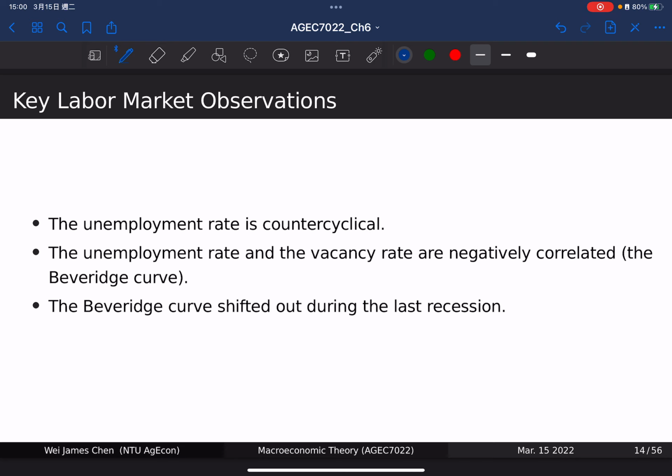GDP high, low unemployment. GDP low, high unemployment. That's intuitive, right? When the economy is bad, people usually see a high unemployment rate. And then the unemployment rate and the vacancy rate are negatively correlated. That correlation is called the Beveridge curve. And the last observation is that the Beveridge curve shifted out during the last recession.